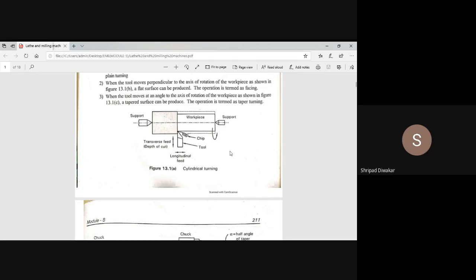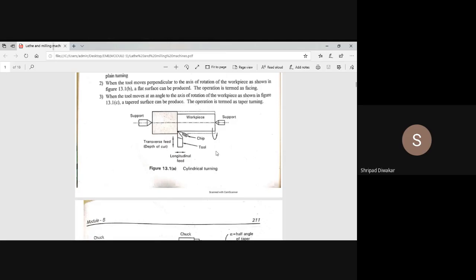So for around 10 to 12 passes we are going to remove that extra material. For the first pass it removes 1 mm of material, for another pass it removes another 1 mm, like that. After 10 to 12 passes we will have removed the 10 mm of extra material.